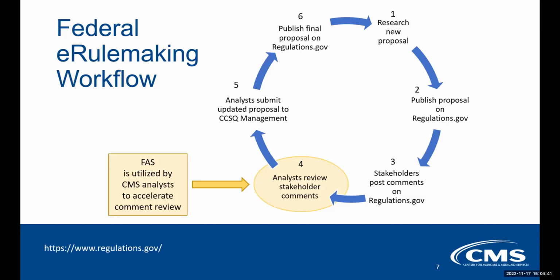So the first step in the workflow is research and generation of a proposed policy. Once that proposed policy is generated, it is then published to a docket made available through regulations.gov. Regulations.gov is a government website.